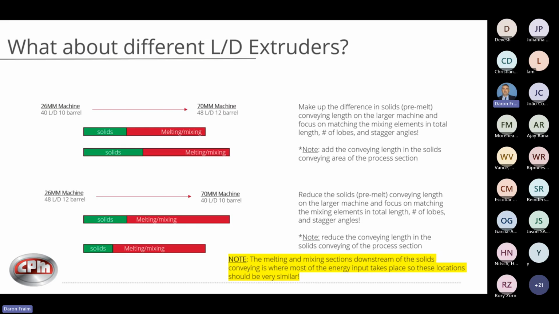Same strategy going the opposite direction. If I'm moving from a 12 barrel to a 10 barrel, then I'm going to have to reduce my solids conveying. Now, there will be some limitations on how much you can. You've got to have some conveyance length. So as best as possible, try to mirror and match more of the melting and mixing section.